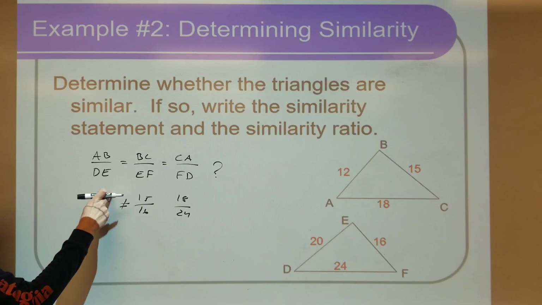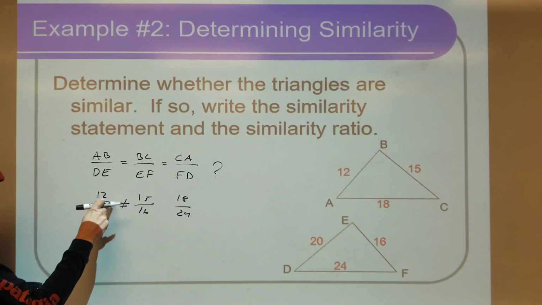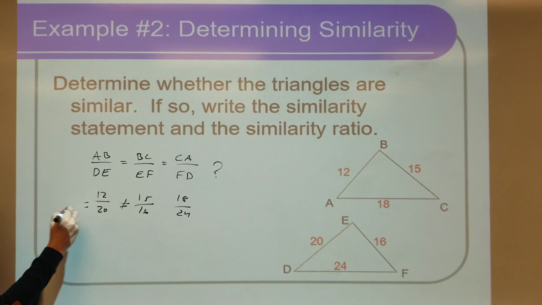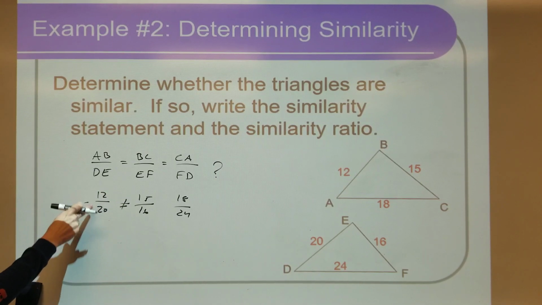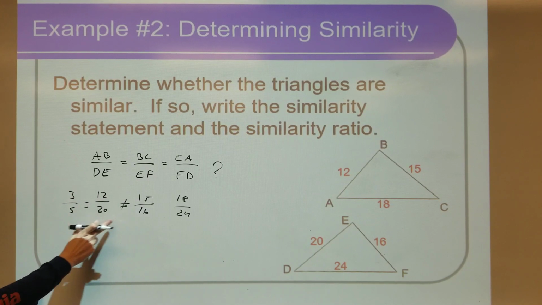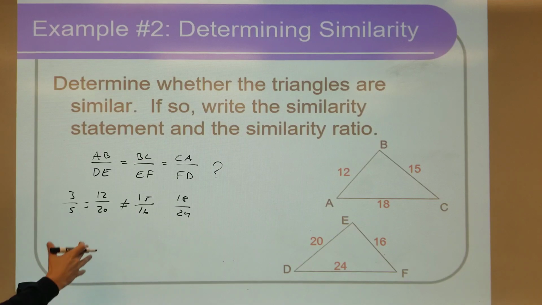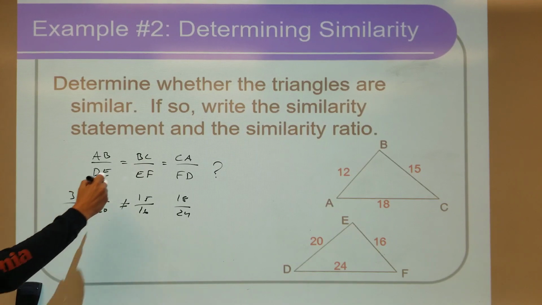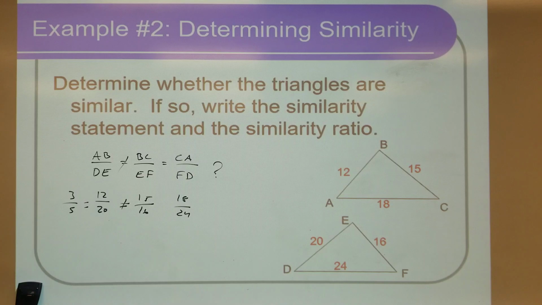And so we can do that using the cross product property, or we can simplify the fractions. 12 over 20 has a common factor of 4 in the numerator and 4 in the denominator, and 3/5 is not equal to 15/16. Therefore, we cannot say that these figures are similar since the sides are not proportional.